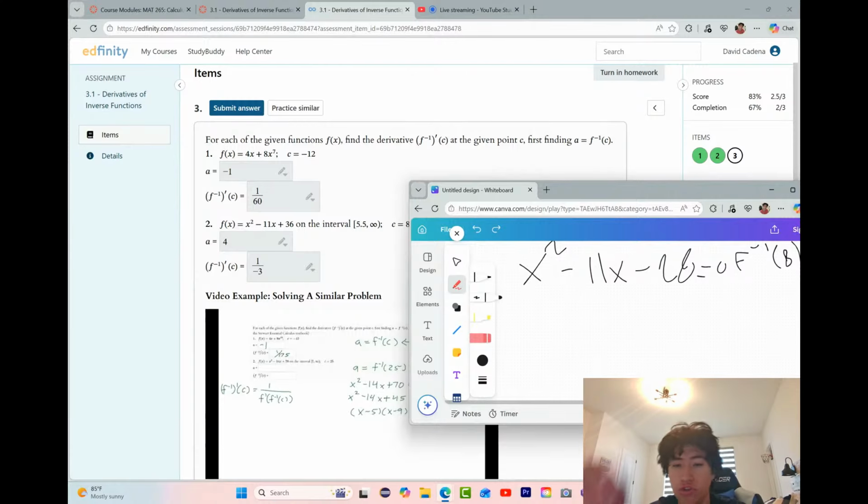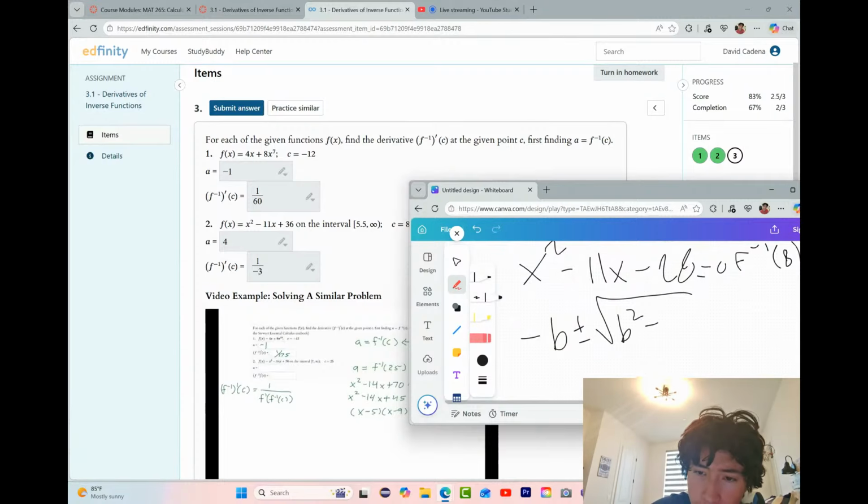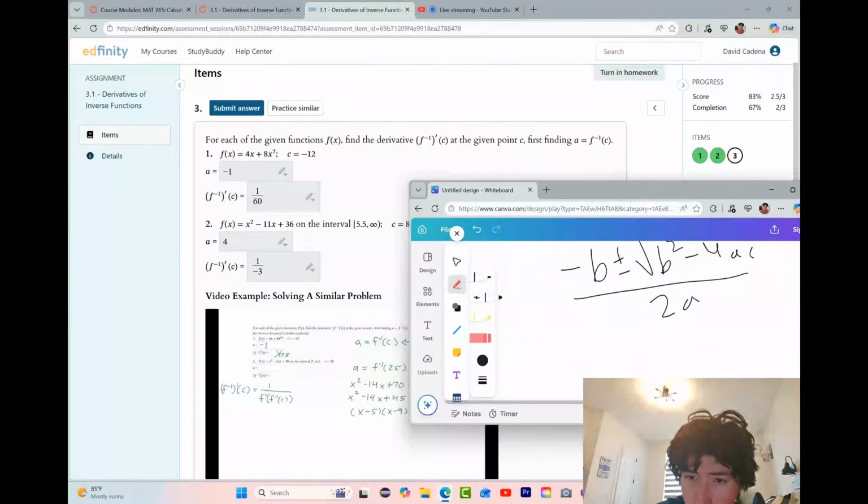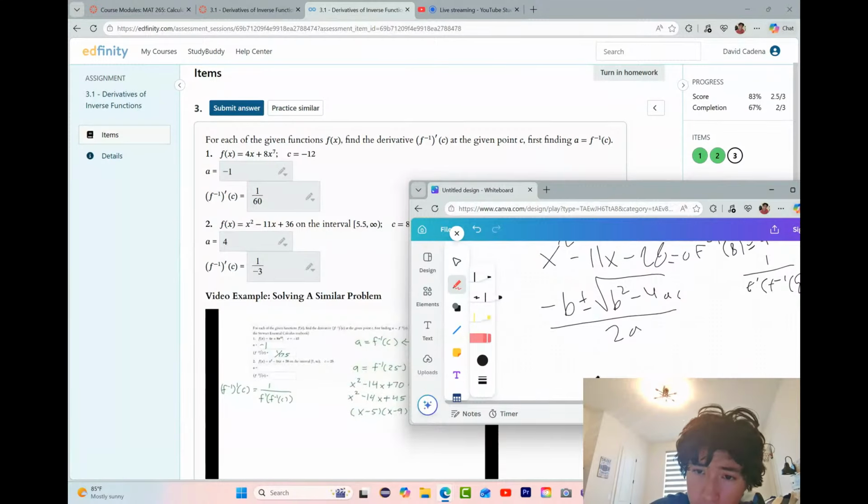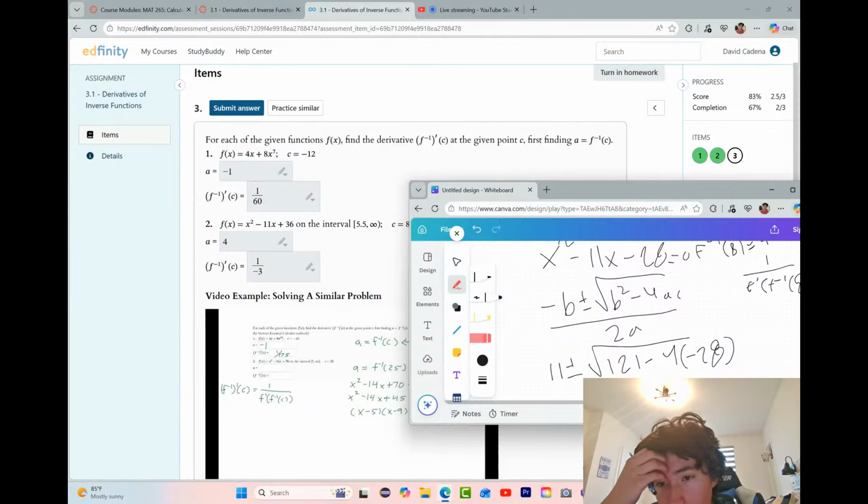All right, let's do the quadratic formula. So, negative b plus or minus the square root of b squared minus 4ac, over 2a. So we have 11 plus or minus the square root of, what, 121? Negative 11 squared, yeah. Minus 4 times 1 times negative 28. Is that what we get?